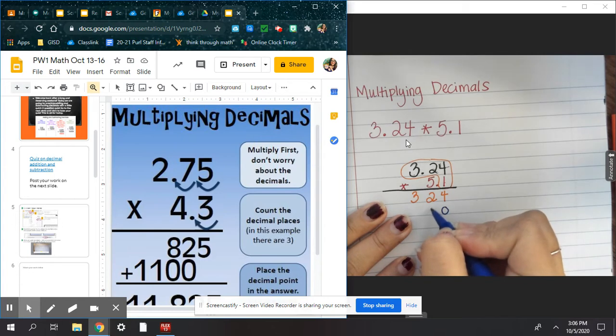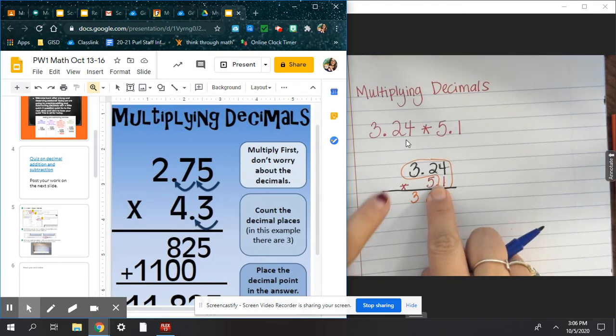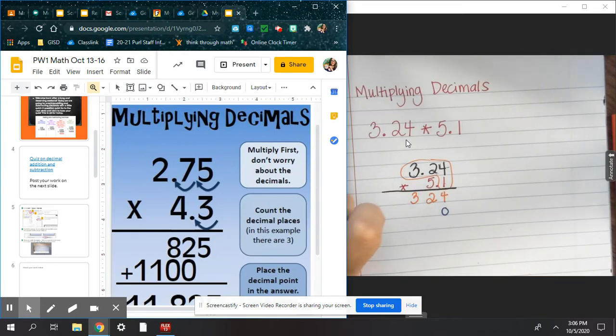Even though this isn't technically the tens place, this is the ones place. Remember, I am multiplying as if those decimals are not there. Pretending those decimals are not there. So I am multiplying like I normally would. And then later we're going to talk about the decimals.